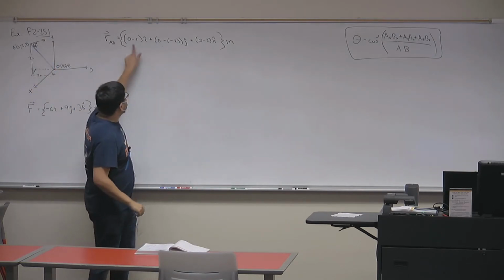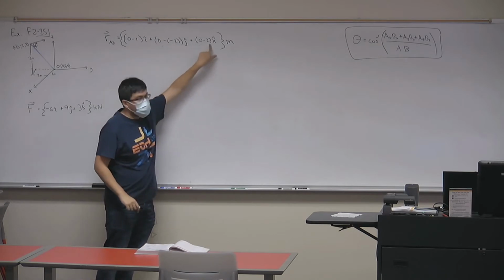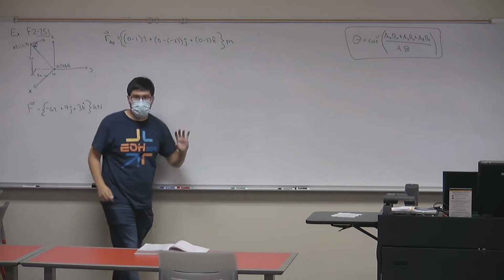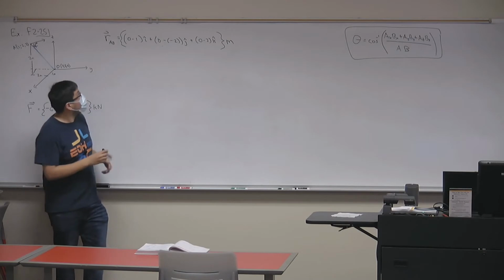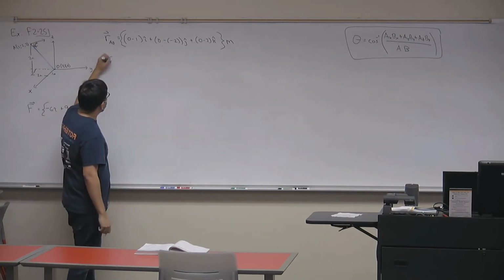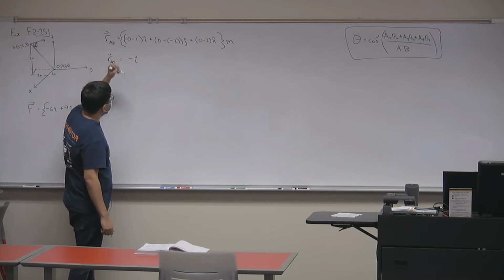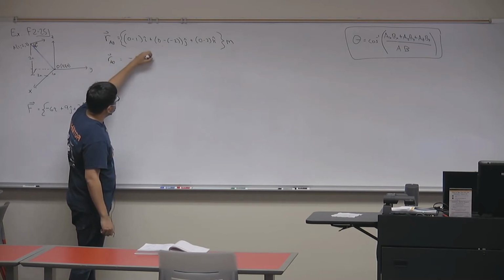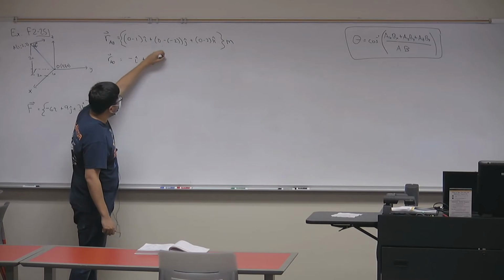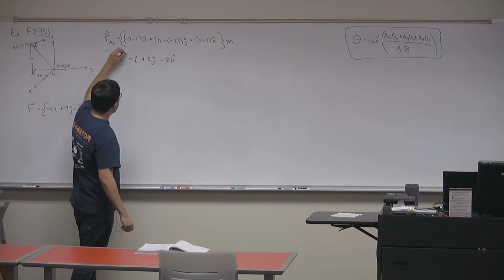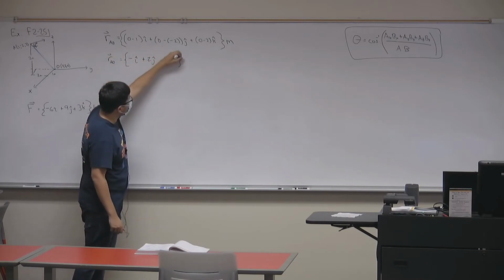So we're going to have meters here, here, here, here, here, and here. And we just factor out the meters term. Okay? So we have our position vector. I'm going to write here -i plus 2j minus 2k meters.